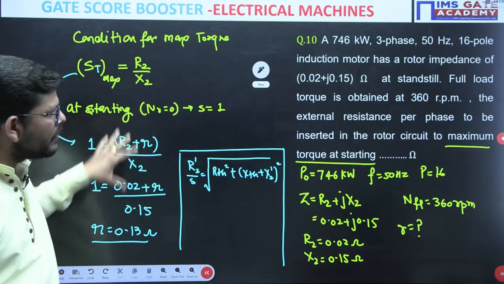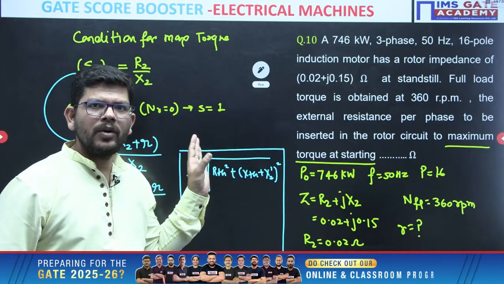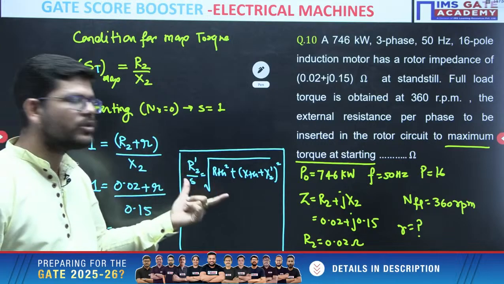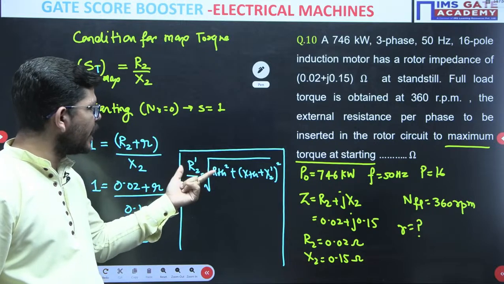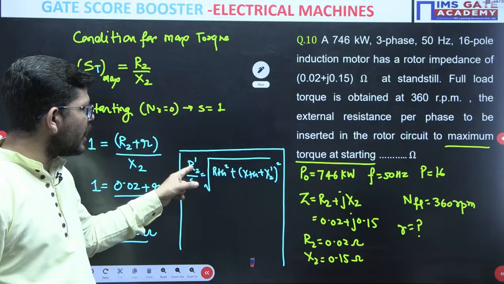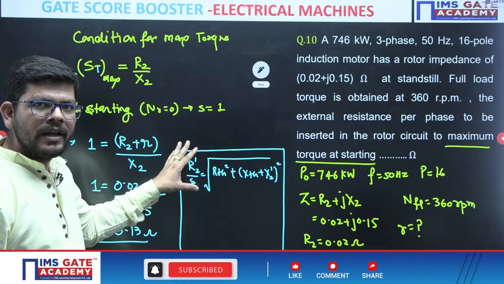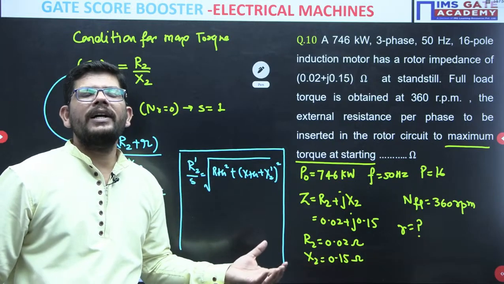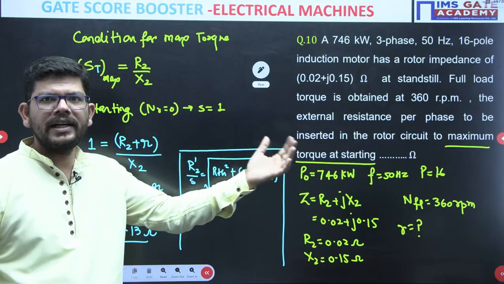This time we have asked a question in which we have neglected the stator model, so we have applied this small formula. If the stator model is also taken into account, and RTH, XTH values are given, then you might be using this formula, right? In this formula you could have written R2 dash plus R dash here, and then you might have calculated R dash, and then they could have asked you to refer it to the secondary, then it will be r.